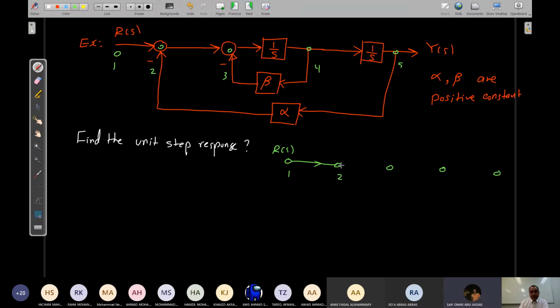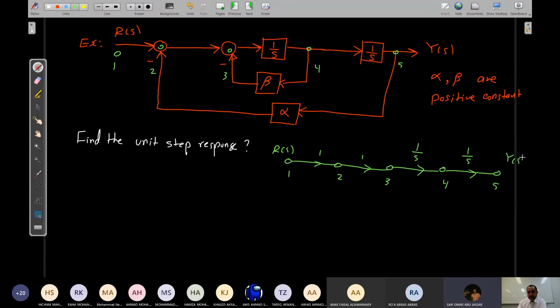Then after it we put 1, then here 1 over S, and here 1 over S, and here 1 over S. This is the 2, this is the 3, this is the 4, and this is the 5, and this will be the y.